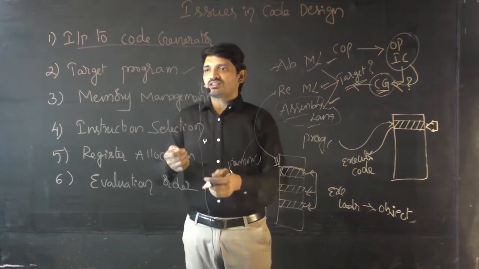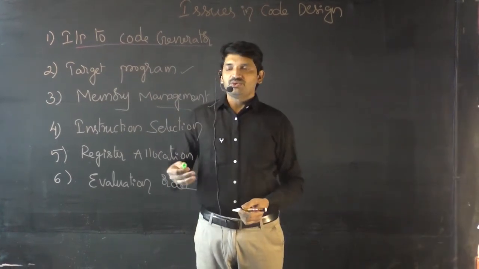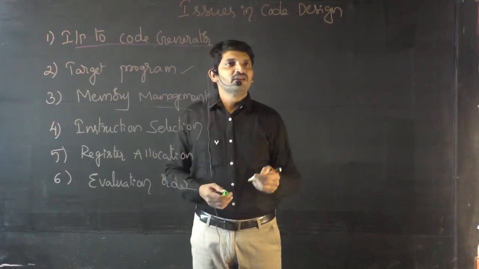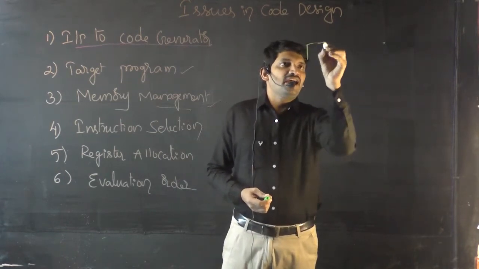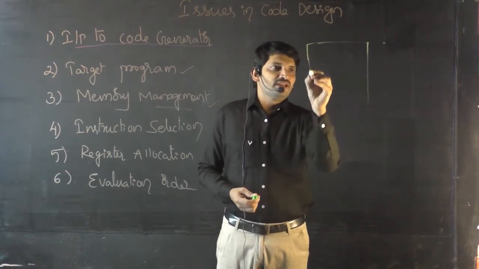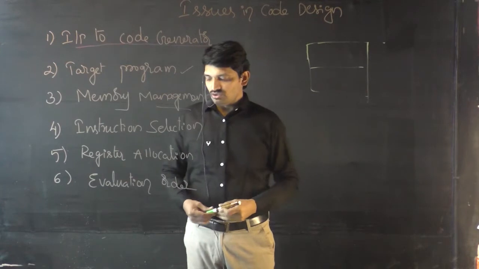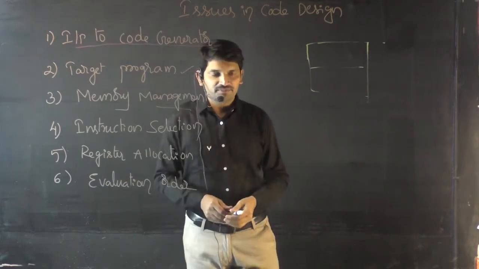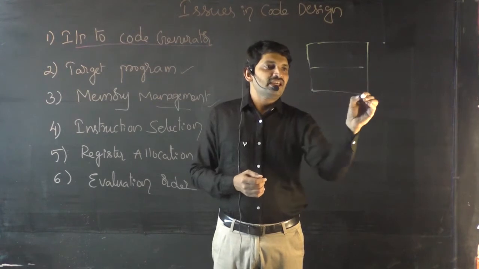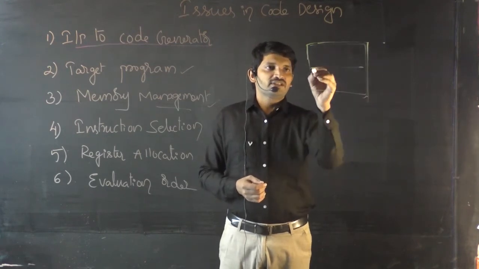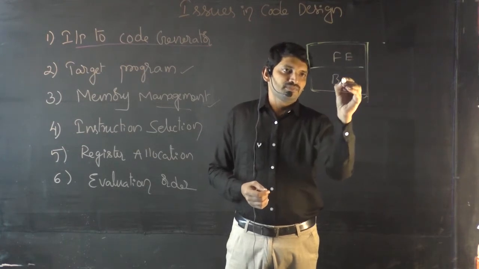Now let us discuss the third one, memory management. What is memory management? We know our compiler consists of 6 phases, which can be categorized into front end and back end. The entire 6 phases can be categorized into 2 parts, the front end part and the back end part.